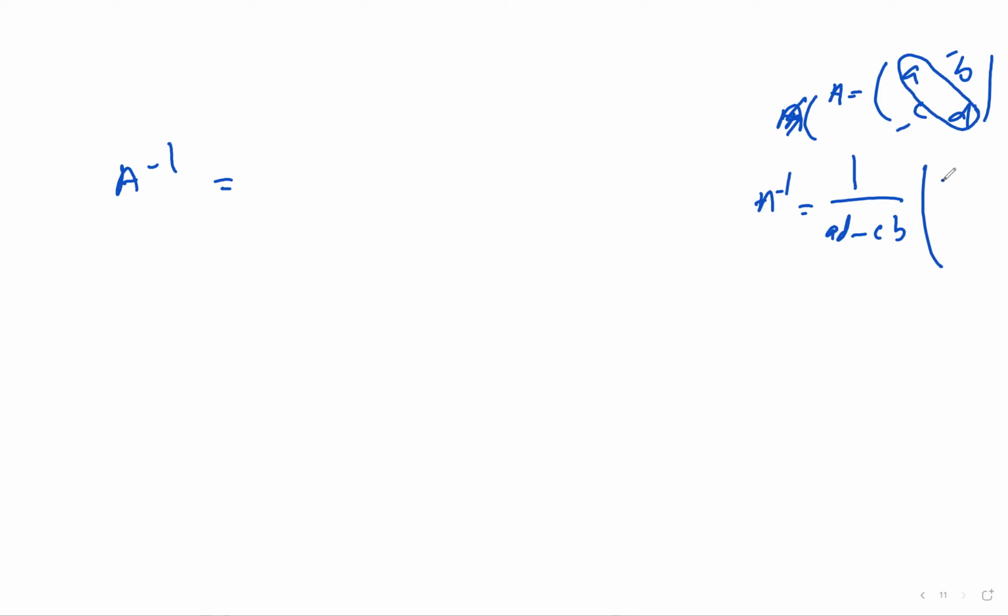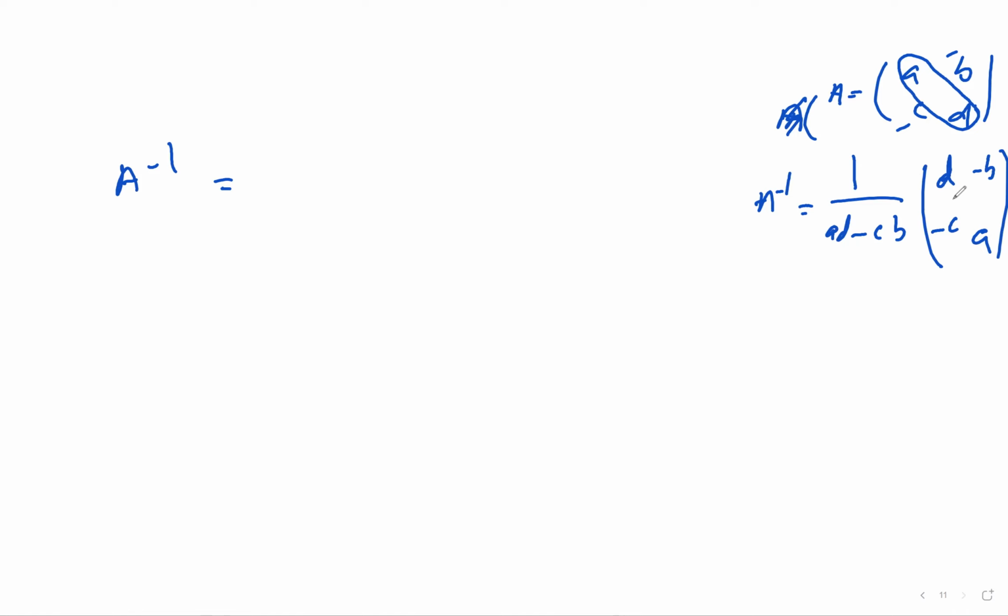That becomes D, A, and minus C, minus B. So that's the formula: you flip A and D and switch the sign of B and C.